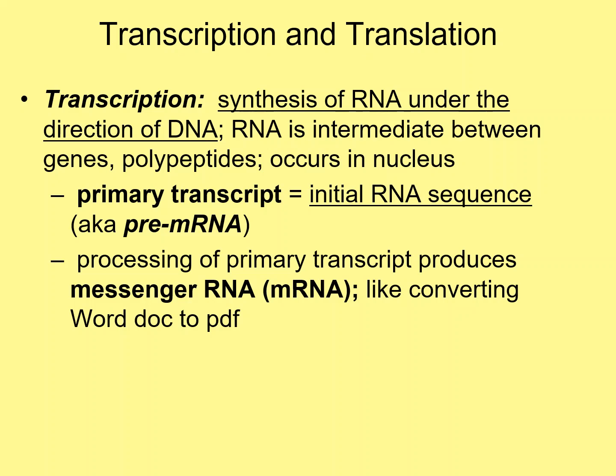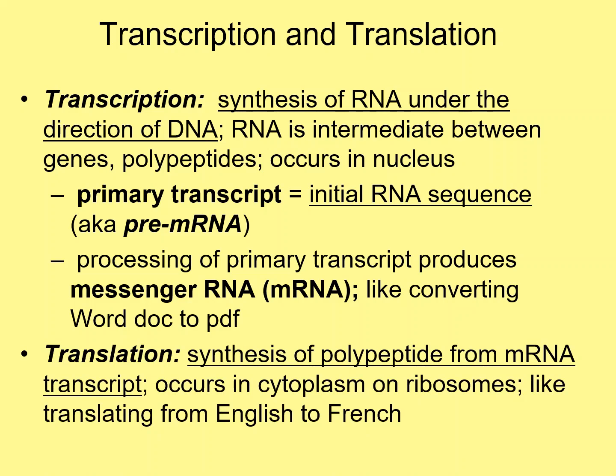So we have to process our messenger RNA in order to help get it out of the nucleus and over to the ribosome. We also process our primary transcript to remove certain sections. So we don't end up translating the entire gene sequence into protein because we actually end up modifying it and taking some sections out.